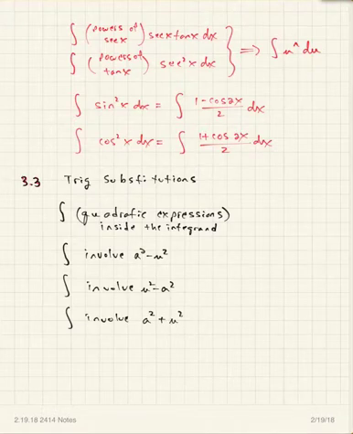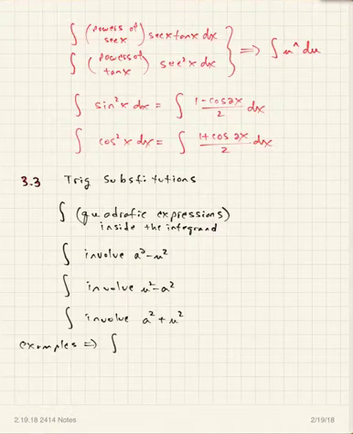Those are the three forms for quadratics. We've seen, using completing the square, that all quadratics could be written in one of those three versions right there. Now, when I'm talking about integrals that involve those things, I'm looking at these kinds of examples.